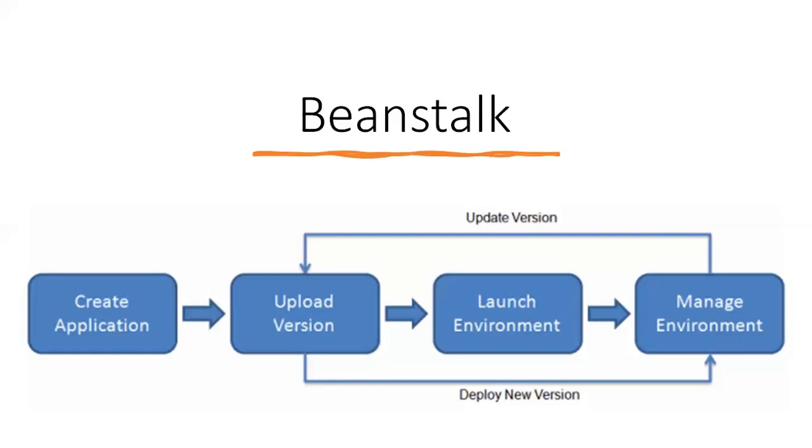When you create and deploy a new application or new version, the application name will appear in the Elastic Beanstalk console. When you make changes to your application, you can deploy the updated application via Elastic Beanstalk.